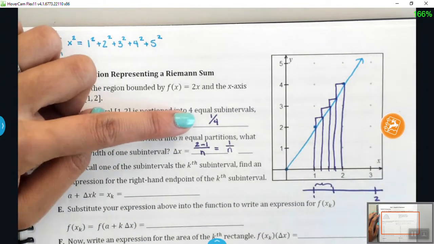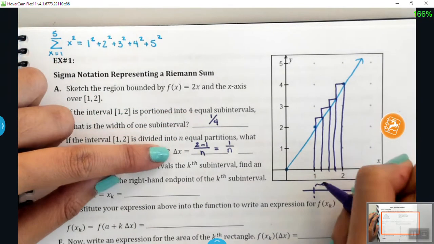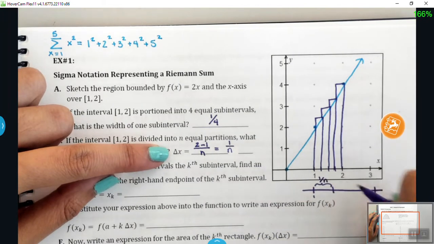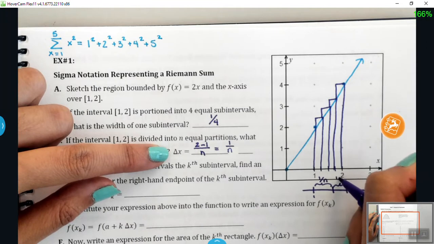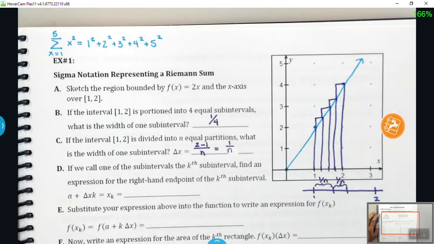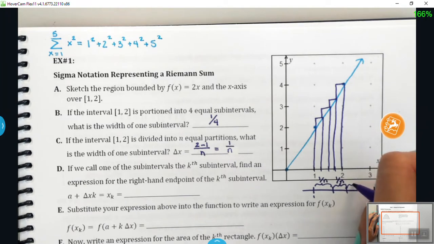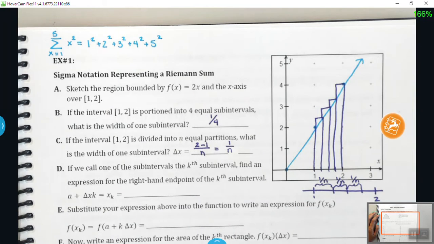Well, for this one will be 0.25, but this one will be 1 over n. Right? And then to the next subinterval, it would be 1 over n as well. Yes? And then the next one would be 1 over n. Right? And we would keep doing that until we got to 2.